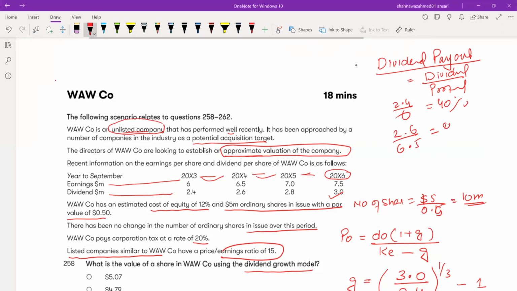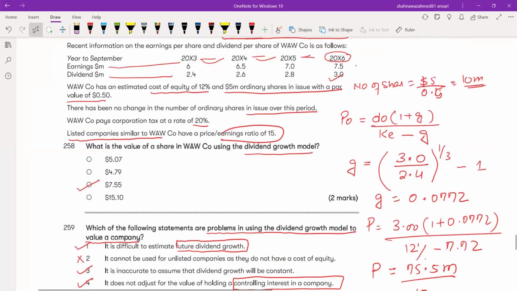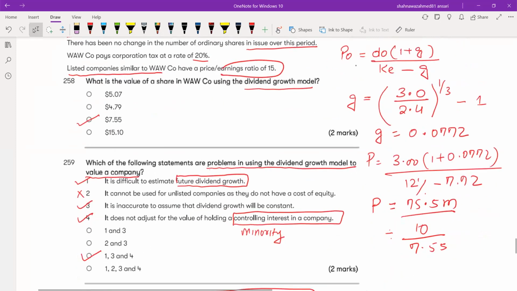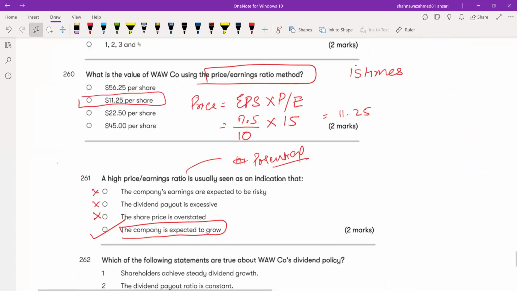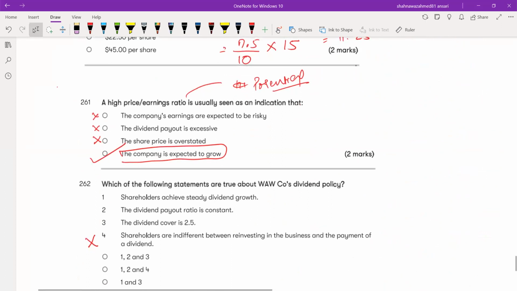Again 40%. And if we check the other ones around, the dividend payout is 40%, constant. So answer 2 is right. This is correct.